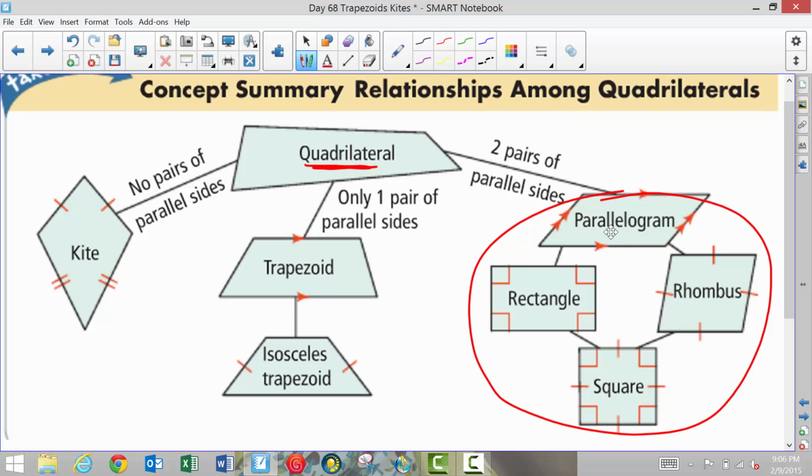And a parallelogram is just a quadrilateral, which is a polygon. Then you have trapezoid, isosceles trapezoid, and then don't forget about the right trapezoid. And then you have kite. So these are all special types of quadrilaterals that you need to know and their properties.